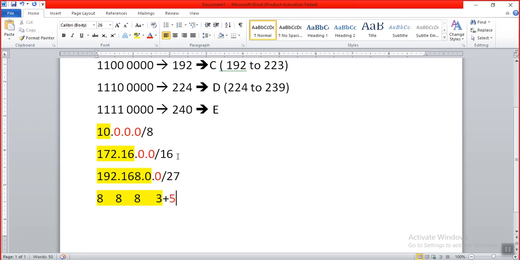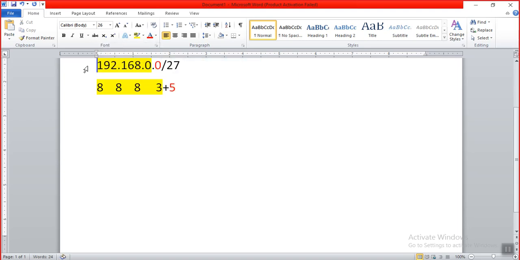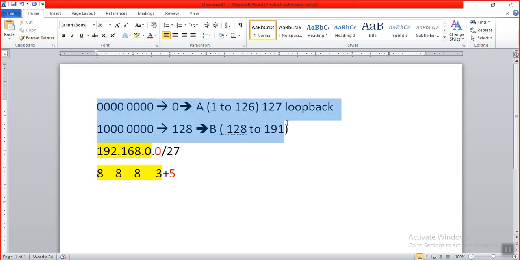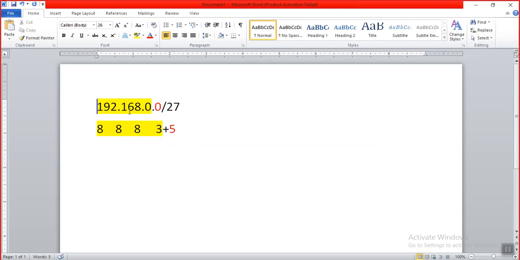So when I write 192.168.0.0/27, this is actually known as CIDR, classless interdomain routing, because if it is 24, it is in class C. Now if it is 27, it is not class C, it is not class D, so it is classless.